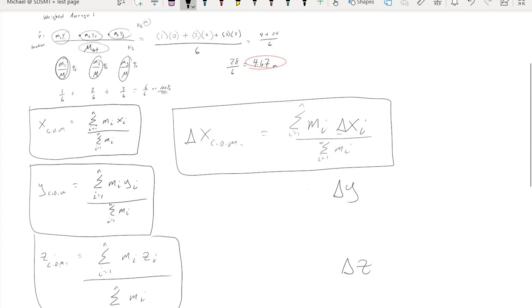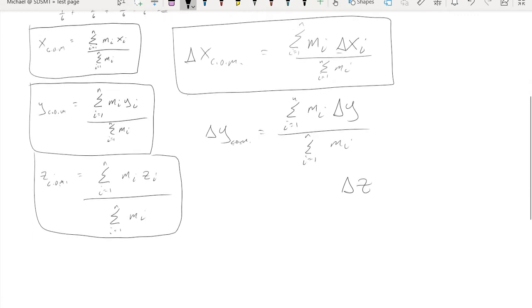And then we can take that idea and we can run with it, because now going from the x-axis to the y-axis to the z-axis, all that requires is that we change the variable that we're using in our expression.